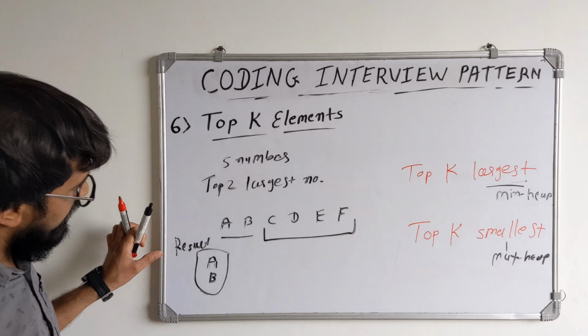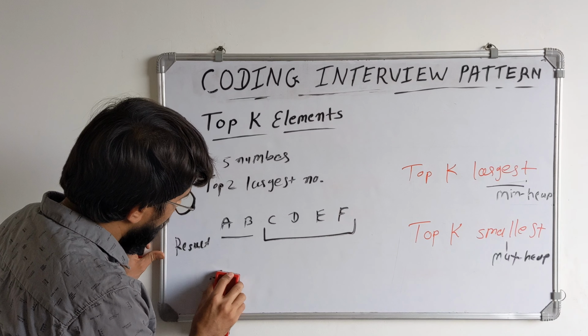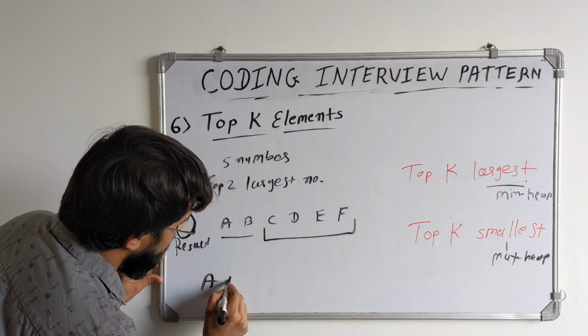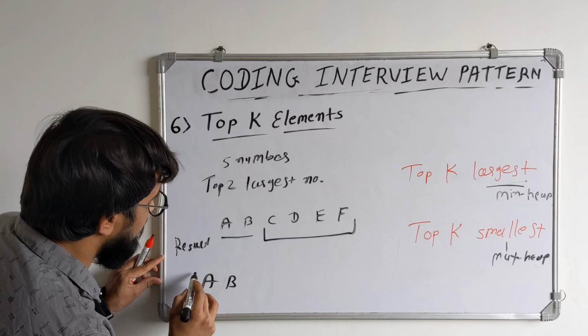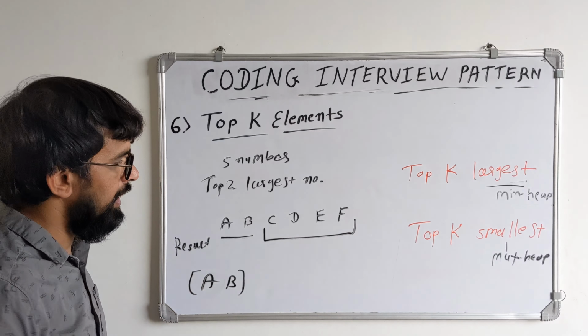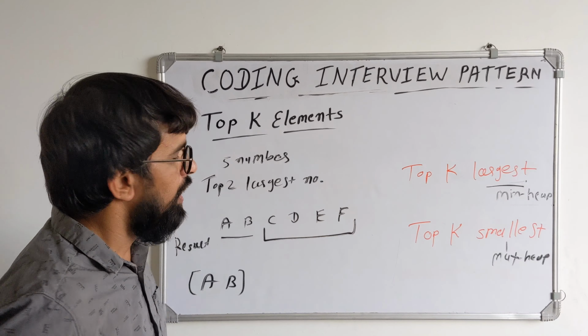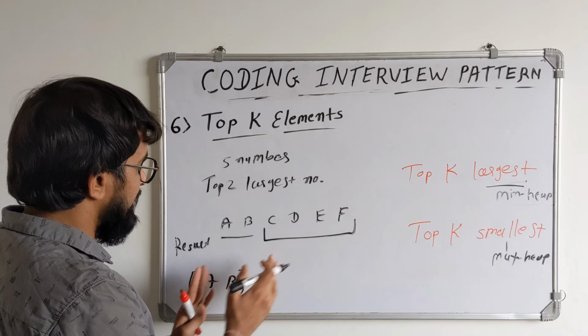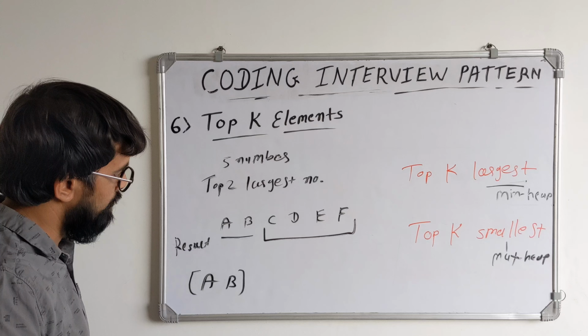Now let me put it in a different way. A and B, you are sitting here, and these 4 are here. Obviously I have to check whether someone from these is larger than those 2. Correct.